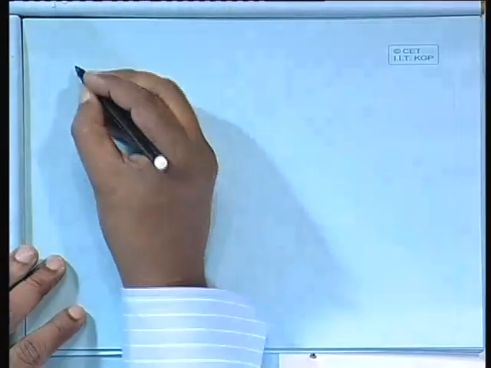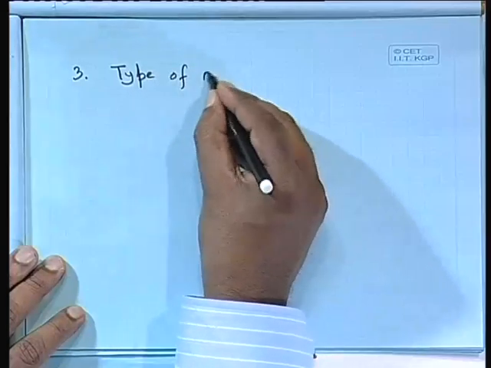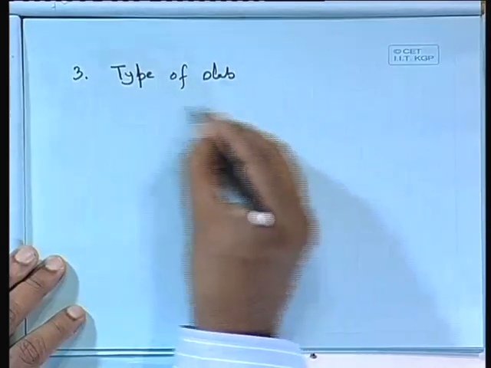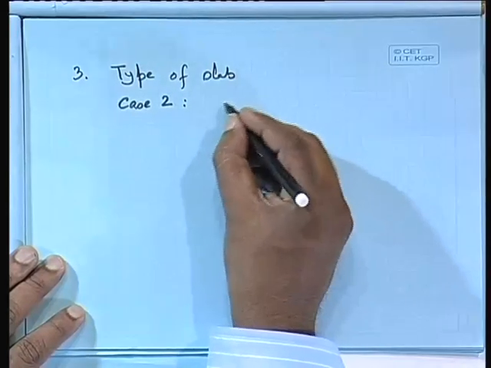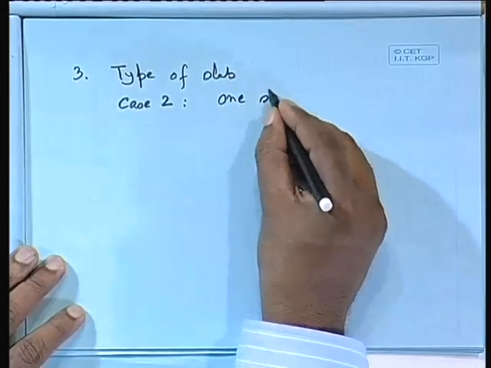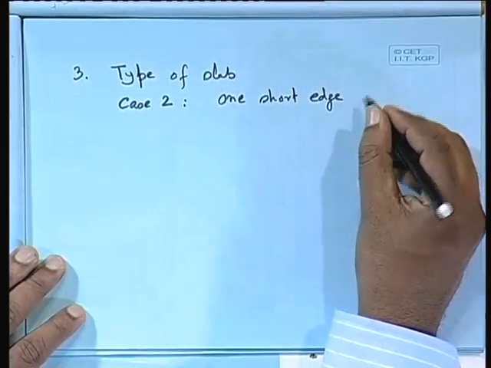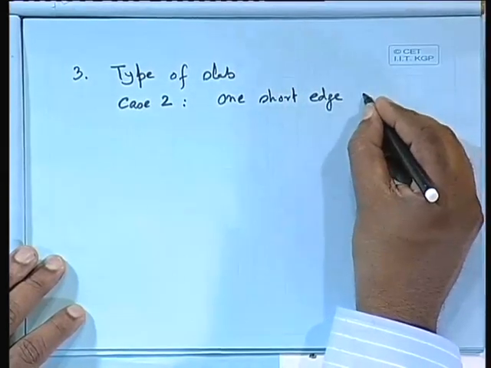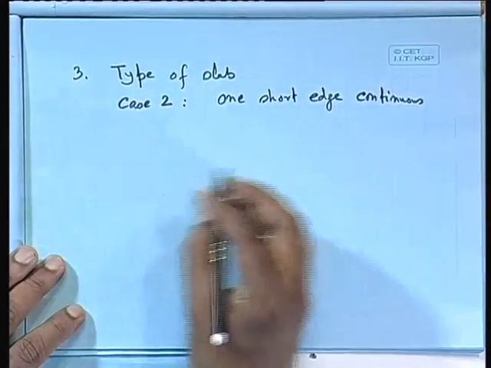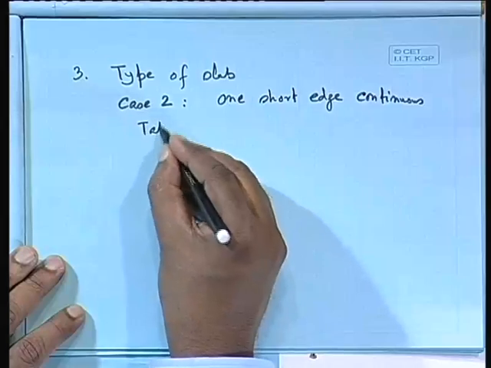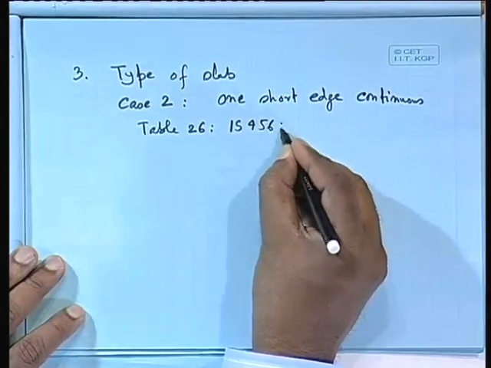So we can write down type of slab: case 2, one short edge discontinuous, the other way also you can write continuous, and you will get it in table 26, IS 456:2000.